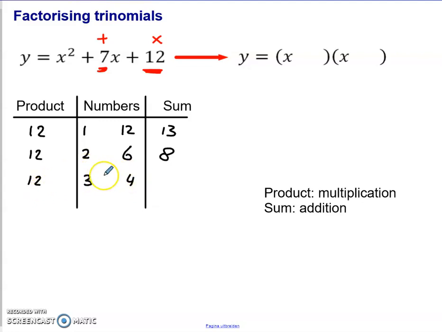And when I add those numbers, I will find 7. So the two special numbers I was looking for were 3 and 4. So now I can finish factorizing this trinomial. These are both positive numbers, so I will use plus 3 and plus 4.